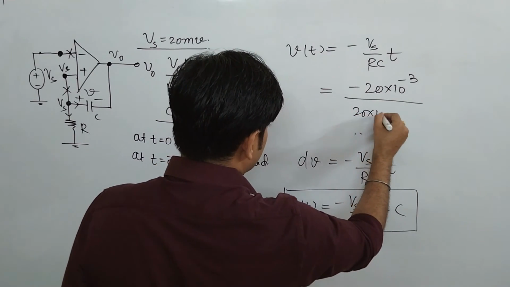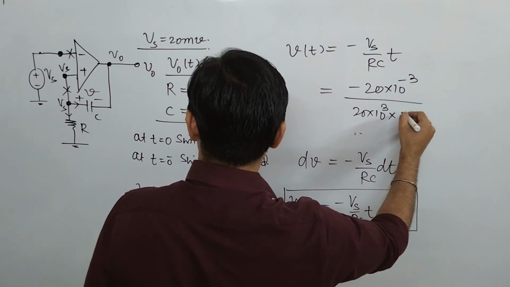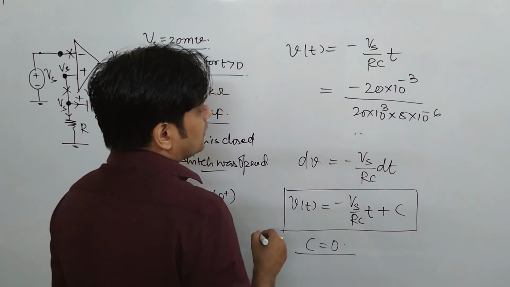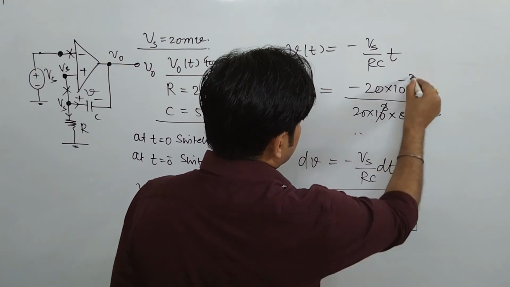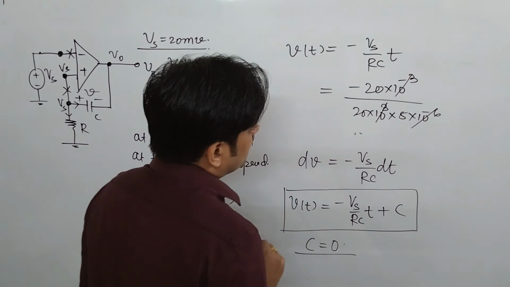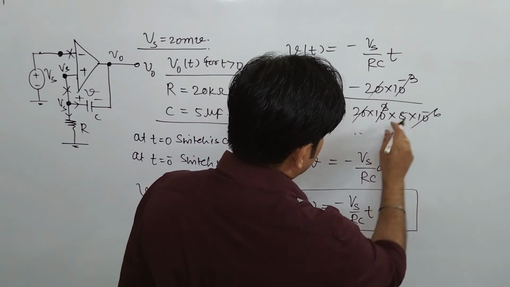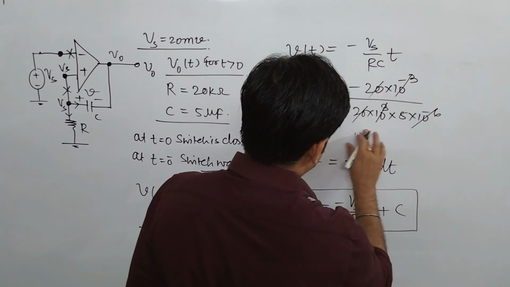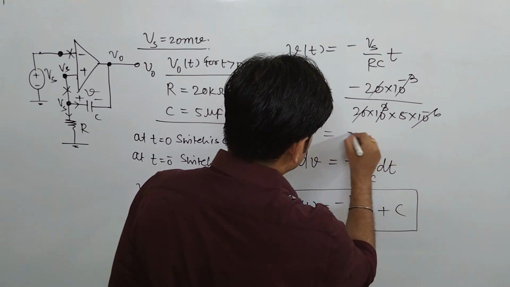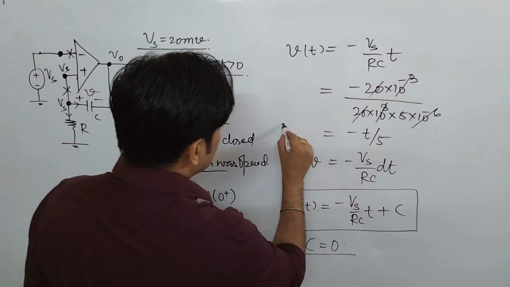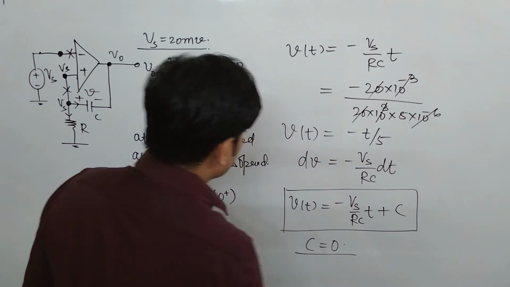It is 20 into 10 to the power 3 into C, which is 5 into 10 to the power minus 6. So this gets cancelled out, this 20 and 20 also get cancelled out. That comes to be minus of 1 by 5, or you can say minus t by 5. This is the value of your V(t).